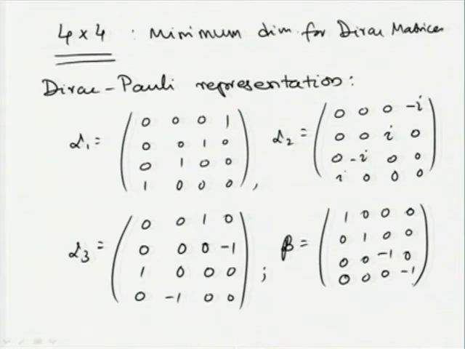Right. This particular representation, I would like you to check that they satisfy all the anti-commutation relations and also that their square is equal to the unit matrix.